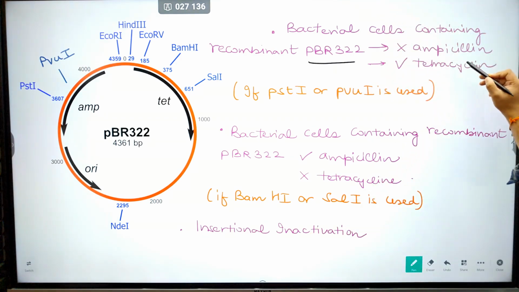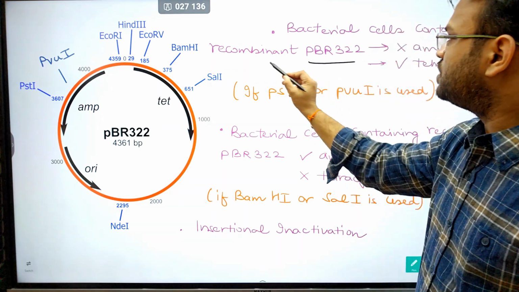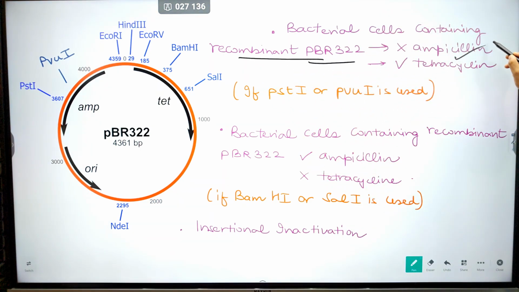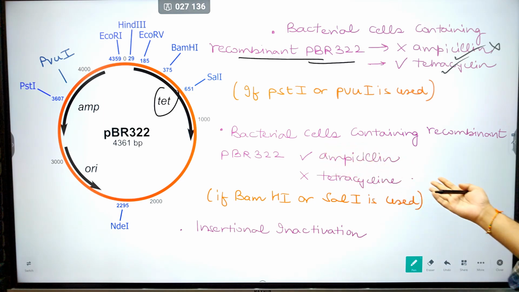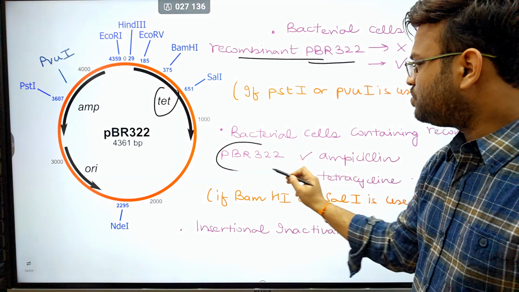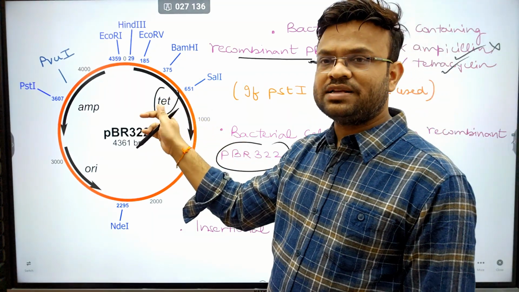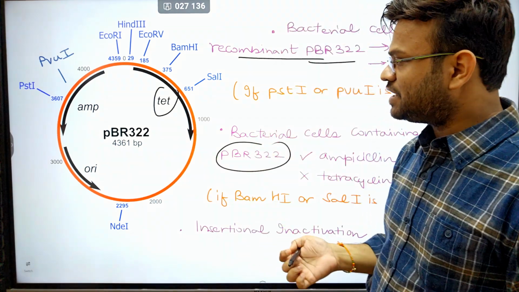In this case, if you are putting your recombinant pBR322 in ampicillin, it will be killed, and if you are putting it in tetracycline, it will survive since it is intact. Now, if you want to create a recombinant pBR322 by integrating your gene of interest inside the tetracycline gene, of course the tetracycline gene will be interrupted or insertionally inactivated.